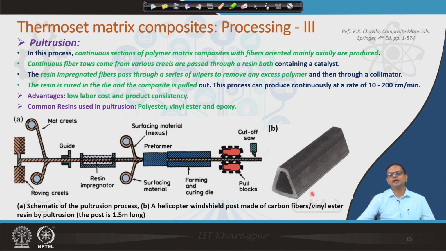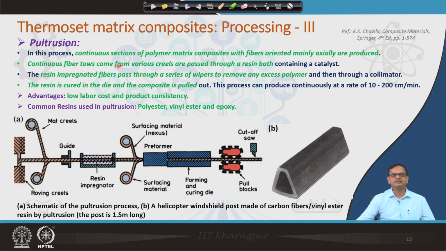The die could have different kinds of shape, like these sections, and then ultimately you can see there is a cut off. That means at different lengths the continuously made sections get cut. That is the basic technique of pultrusion.